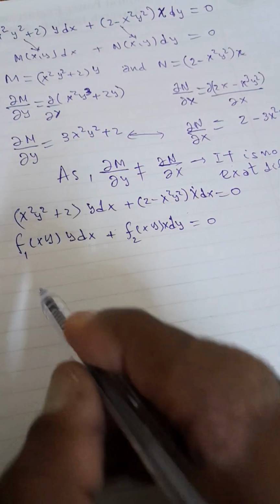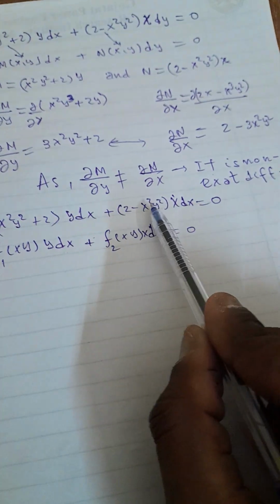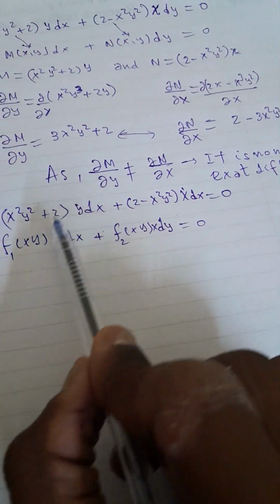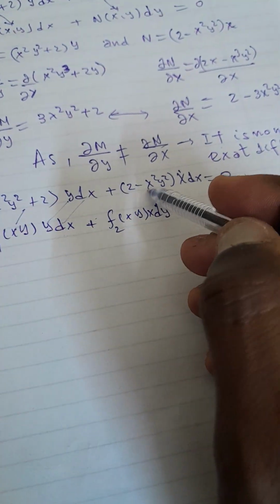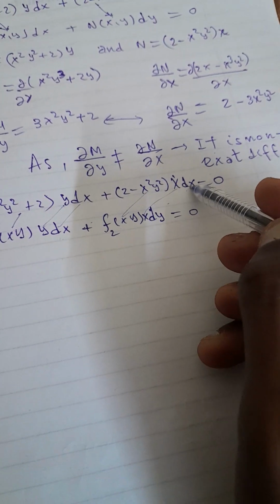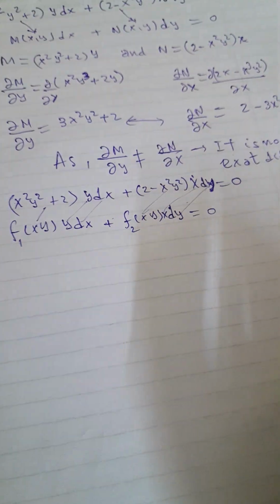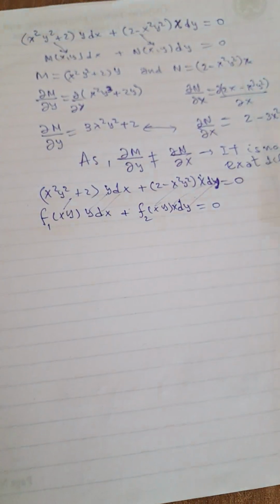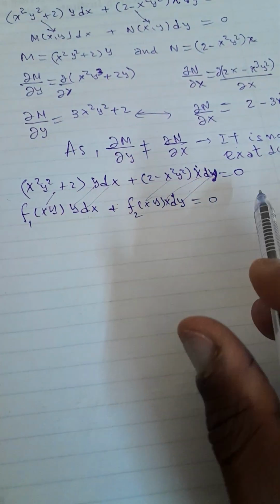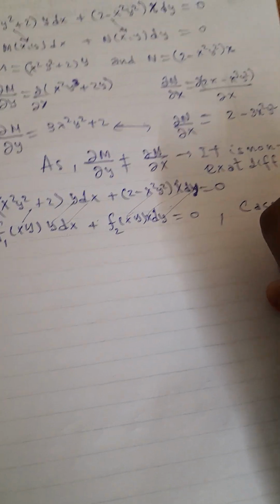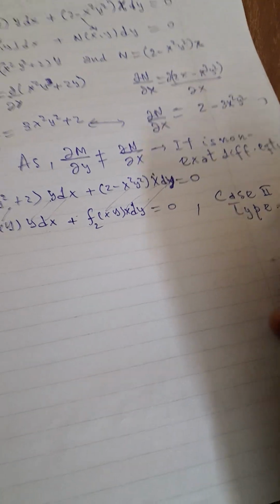We can see that this is true, because this is a function of xy, and this one is a function of xy, with y dx and x dy. So it is fulfilled, which means this function is in the form of case 2, a case 2 type function.